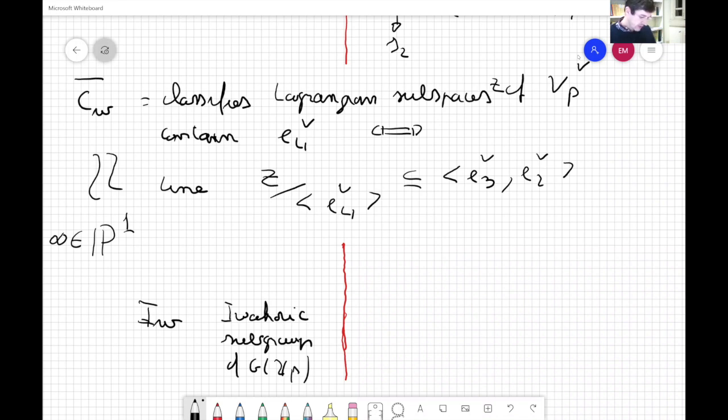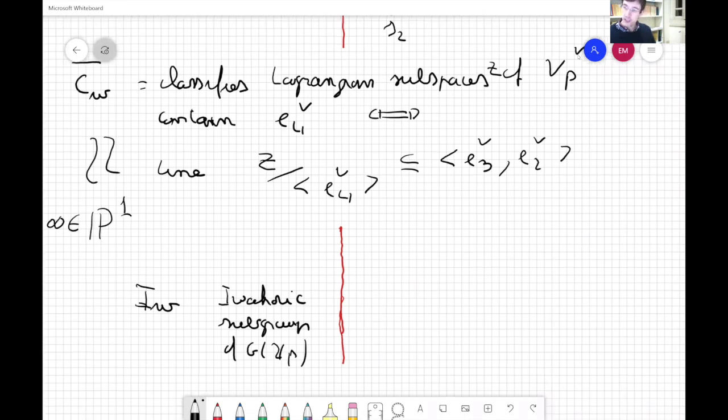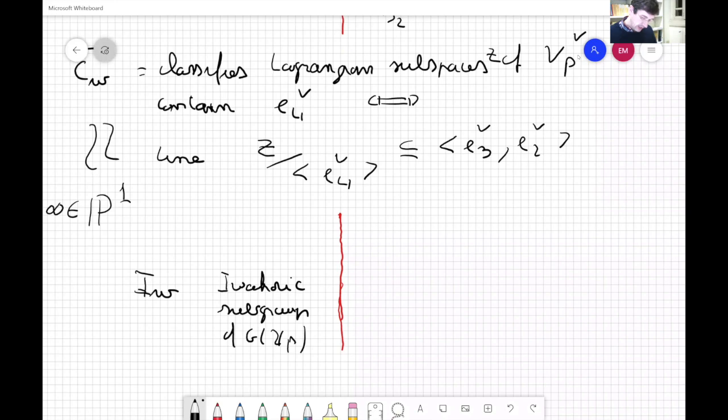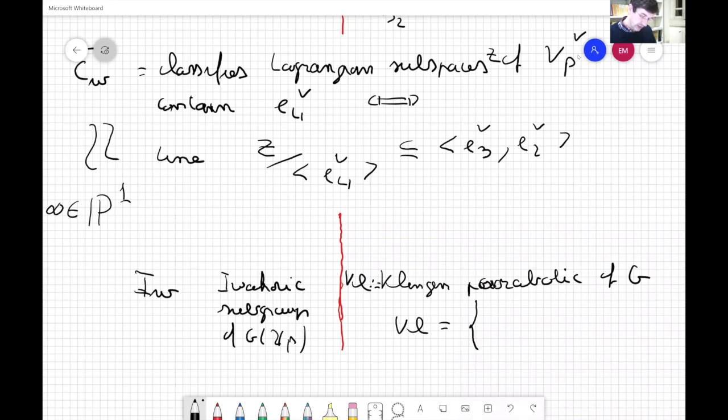And in this case, instead, we work with the parahoric associated to the following parabolic subgroup. It's the Klingen parabolic of G, I call KL. So this is simply using the presentation that I did of the symplectic group, using the symplectic form in the way that I wrote yesterday.